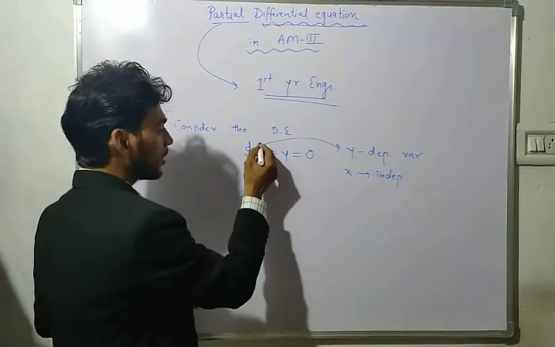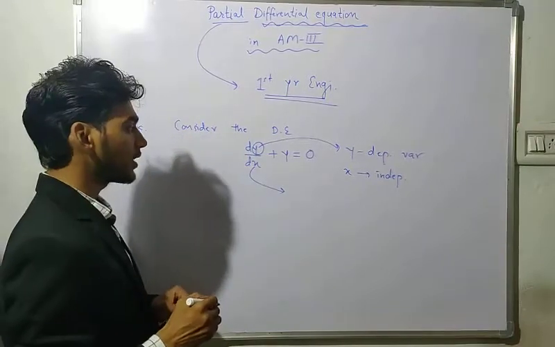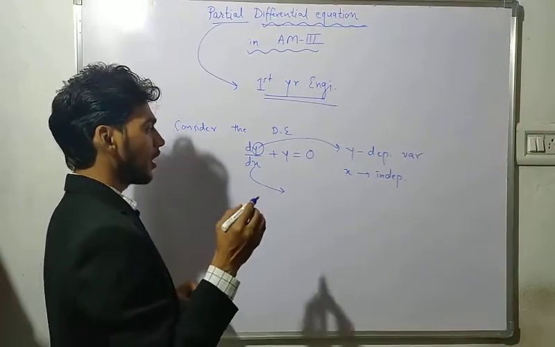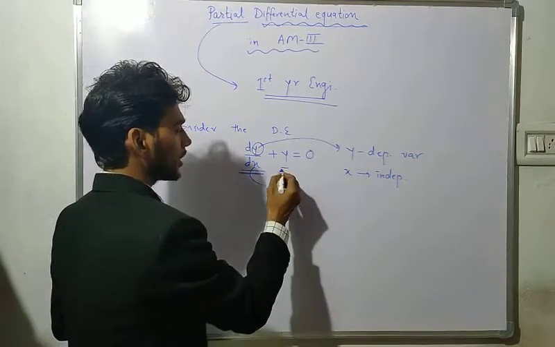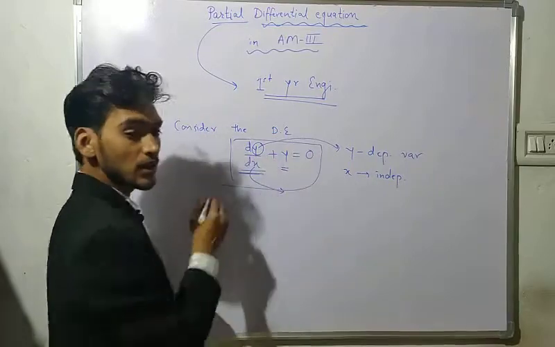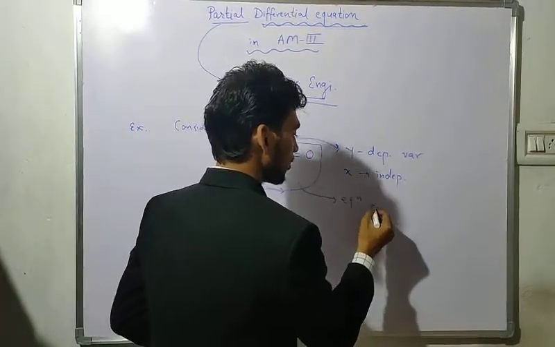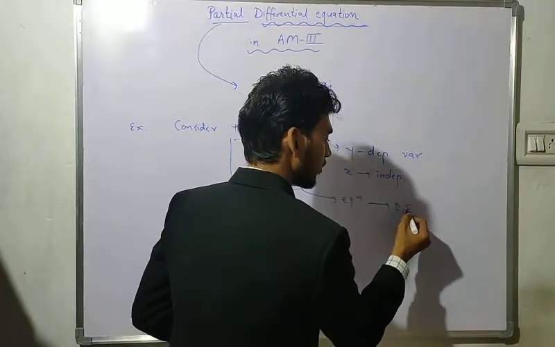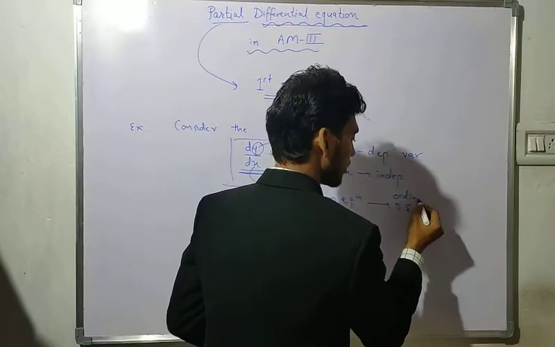So here the dependent variable y depends on the independent variable x, and along with the derivative plus the dependent variable y, it creates an equation, which is known as simply a differential equation or ordinary differential equation.